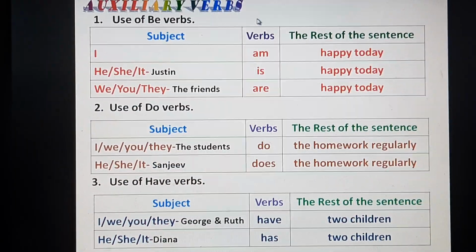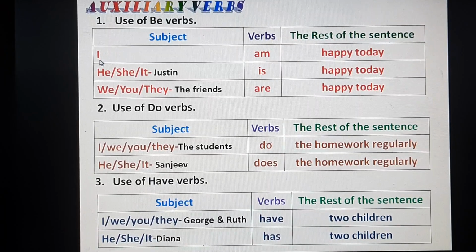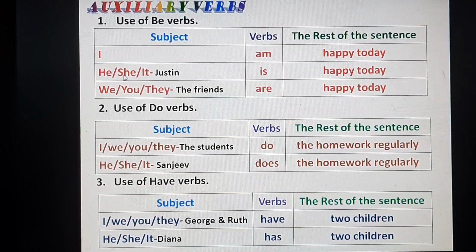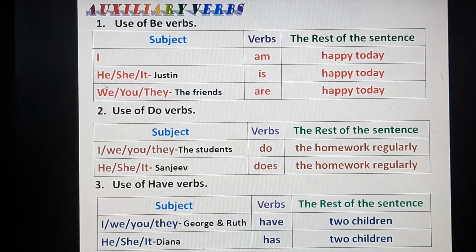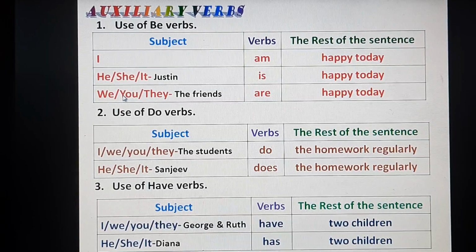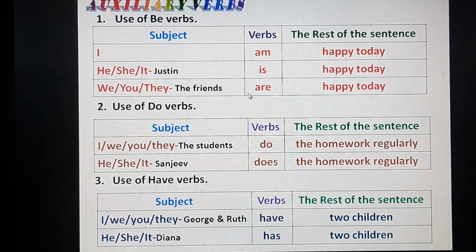Now let's see the auxiliary verbs. Use of be verbs. When I, first person singular, is the subject, your verb will be am. For third person singular, he, she, it, the verb is is. For second person singular and plural and third person plural, your verb is are.